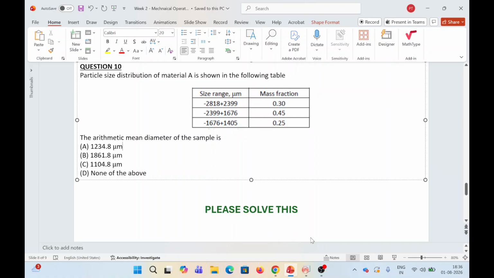All the particles will lie in this range, 2399 to 2818 micrometers. Now, based on this, you need to solve the problem.